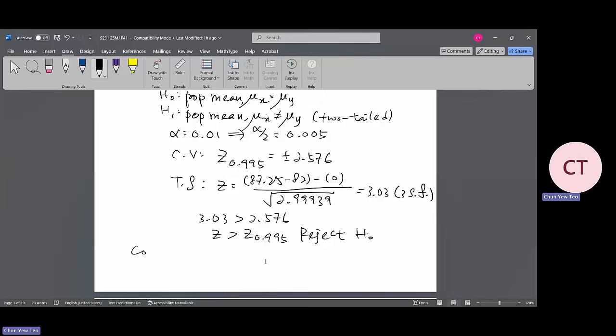Okay, so conclusion. For the conclusion, we will write it in context form.